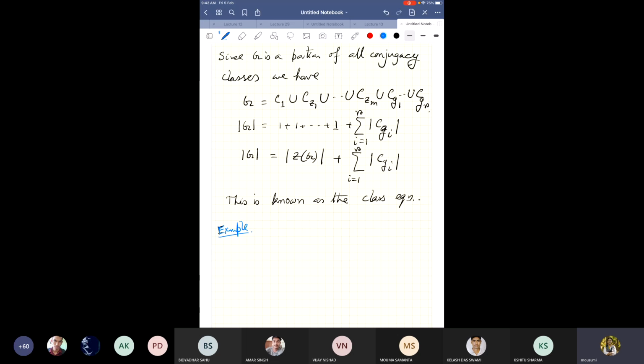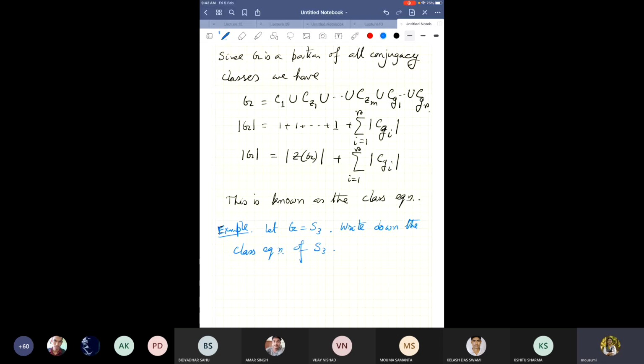Let the group G be S3. Write down the class equation of S3. If you want to write down the class equation for S3, you have to pick up one element and find out what the conjugacy classes are.